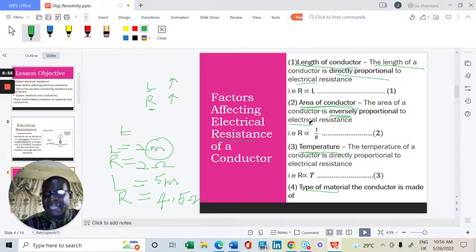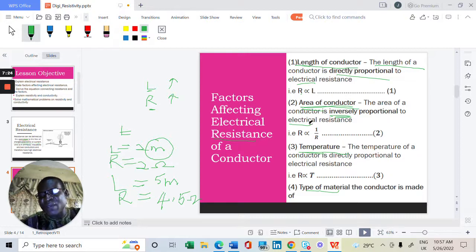They are larger in the sense that they allow a large amount of electric current to pass through them. What I mean is, if the area is large, the resistance of the wire will be small, allowing a large value of electric current to flow through that wire.